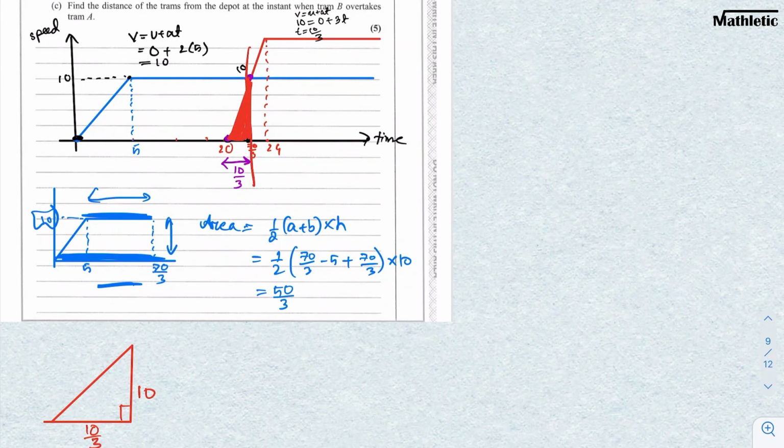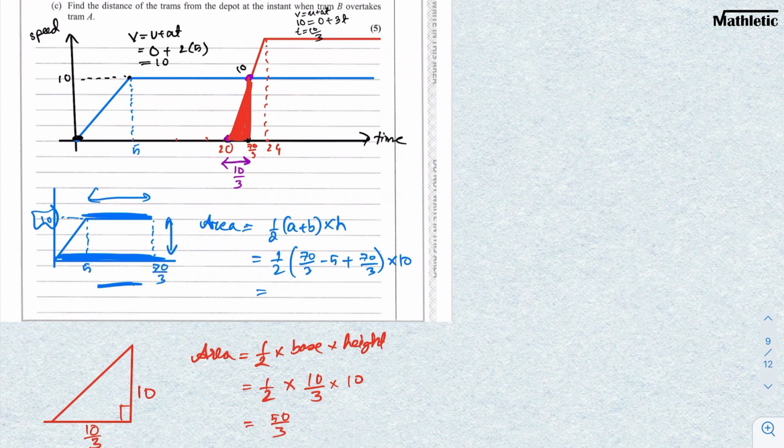These are vertical and horizontal lines, perpendicular to each other, so it's a right angle triangle. The area under the graph should be half into base into height, so half into 10/3 into 10. Sorry, we have a correction here. That value should be 625/3.